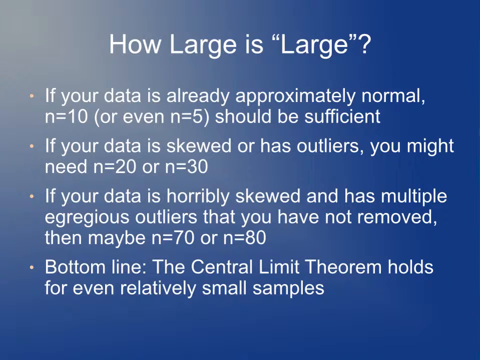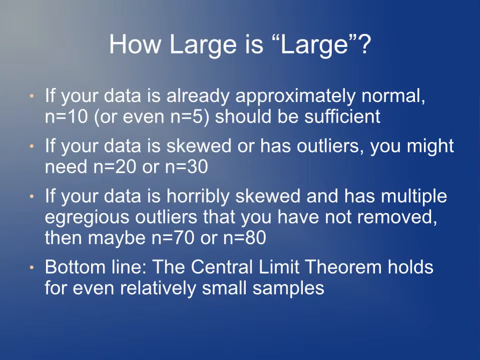This raises the question of how large is large. If your data is already approximately normal, n equals 10, maybe even n equals 5, in other words, if you average 5 or 10 observations, the central limit theorem should already apply. If your data is skewed or has outliers, you may need around 20 or 30.